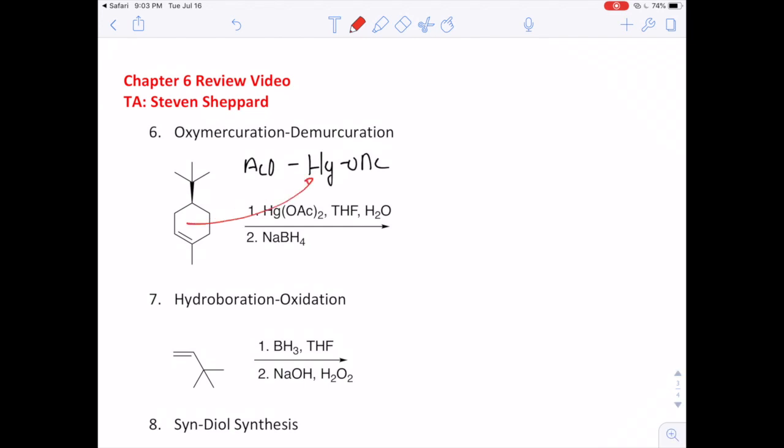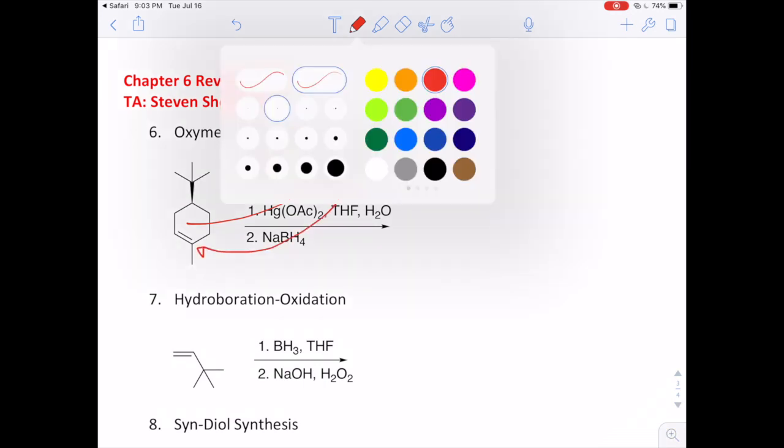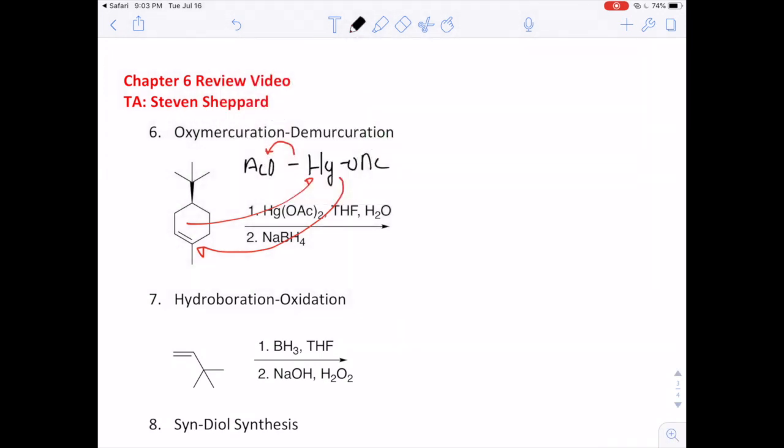And that's going to result in the removal of one of these acetoxy groups, and then it's going to come back in and form a bridge. So the resulting structure would look something like this, and I'll keep it in plain. So we have Hg, OAc plus, and over here we'll just keep that isopropyl group, excuse me.